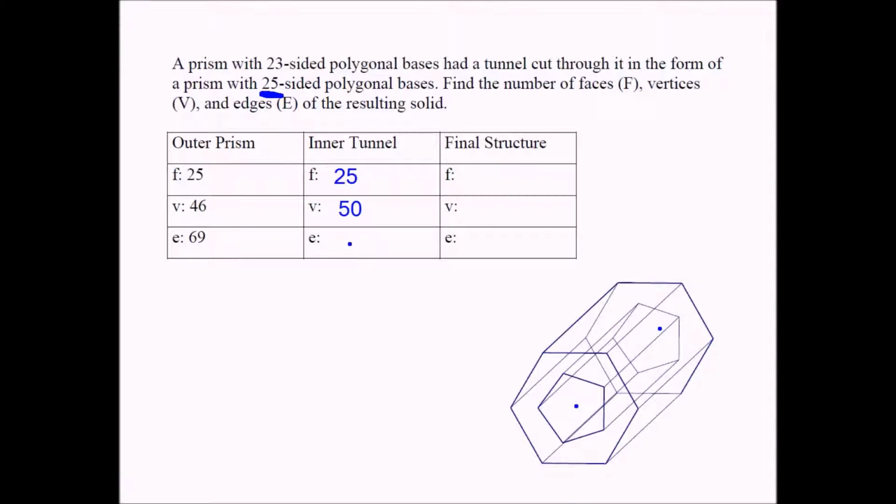All the edges of the inner tunnel will also have to be accounted for because they become the edges of my final structure. So the inner tunnel, shaped like a prism with 25-sided polygons as its base, will have 25 times 3, or 75 edges.